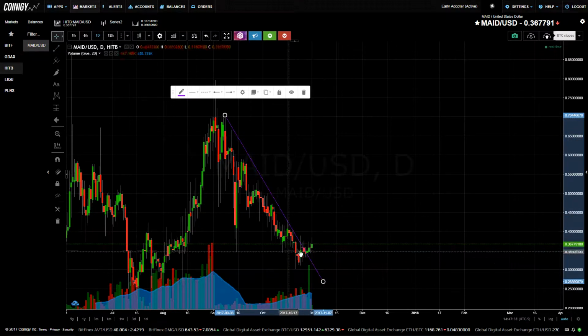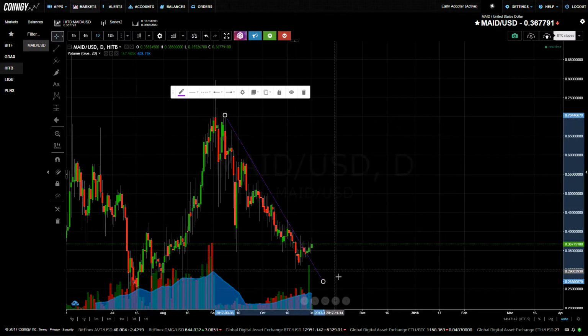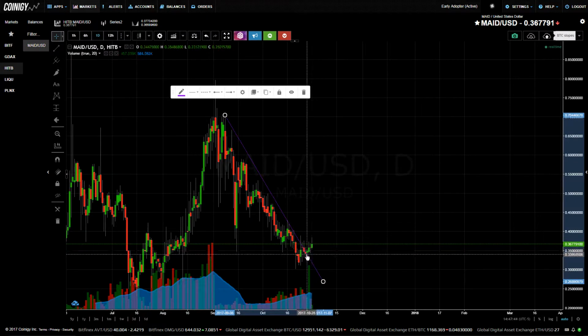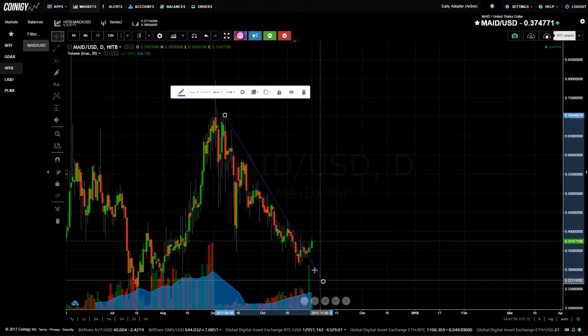Maybe I'm a buyer. If I'm a buyer, I'm an adventurer, because it can go ahead and continue to go on down. But breaking out of the trend with volume says something. That's what one looks like that you become a buyer on. So that's MAID safe coin.